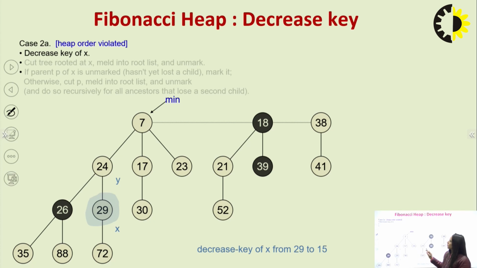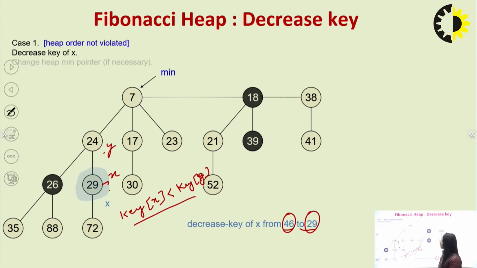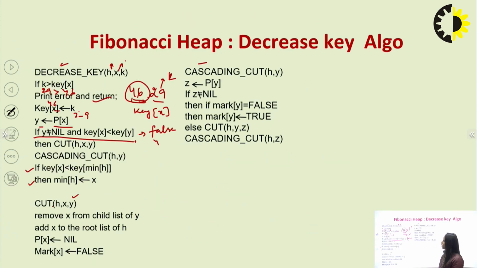Now second case, if I want to decrease 29 from 15. So again we follow the same process.